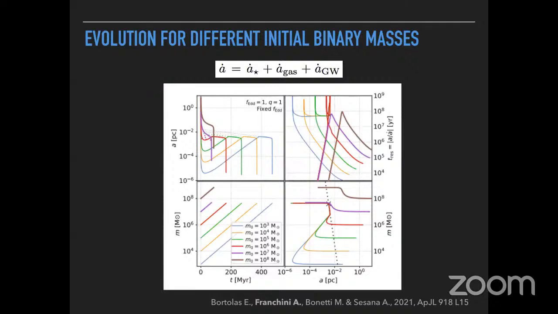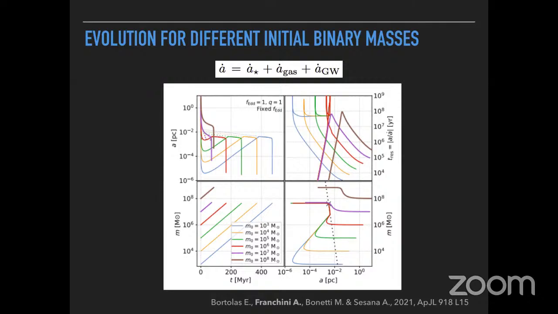Okay, so here we changed the initial mass by keeping the Eddington fraction fixed, and basically you can see that again all these curves undergo the binary expansion phase, just because the Eddington fraction is 1, and so the binary is accreting a lot of gas.